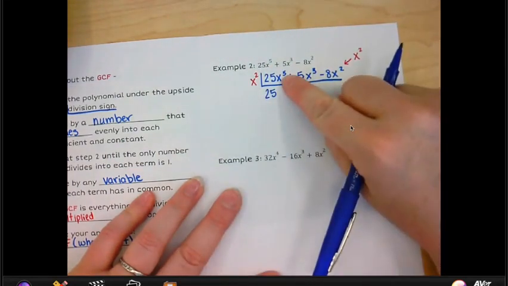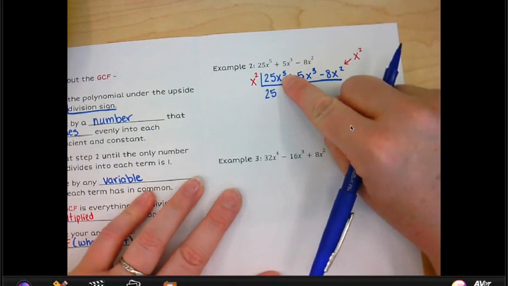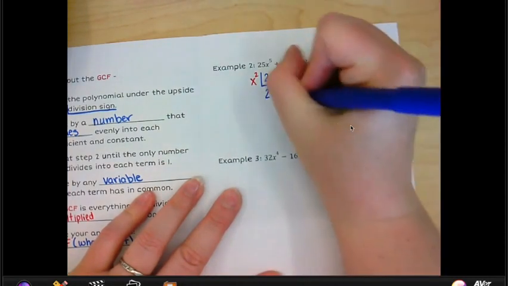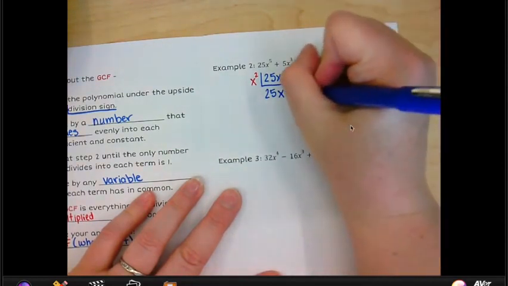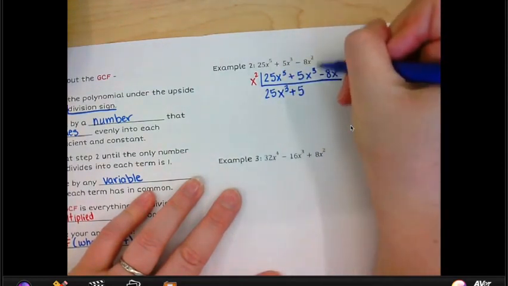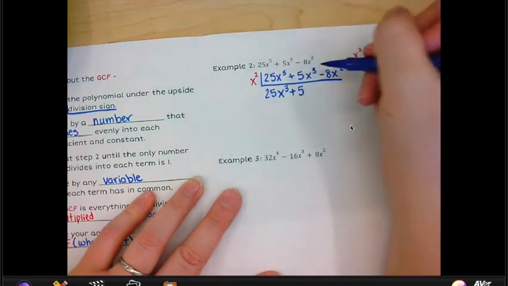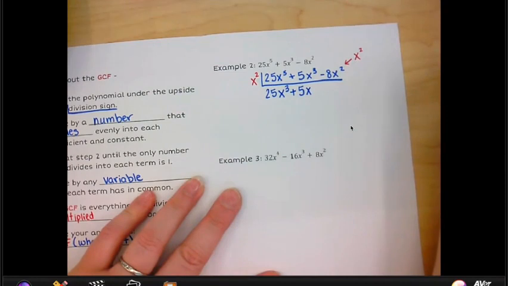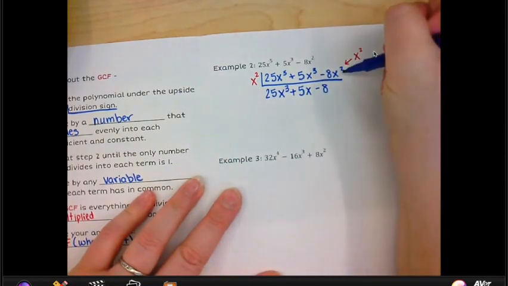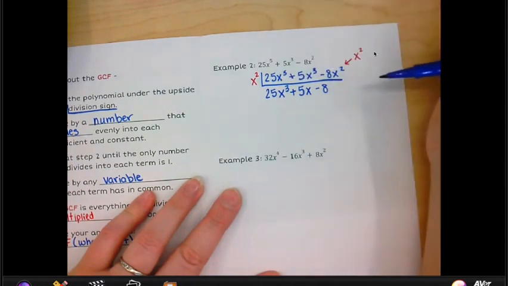If I had 5 x's being multiplied together, but I'm dividing 2 of them out, I will be left with 3. So x to the 3rd. Then 5x cubed divided by x squared, taking 2 of these 3 x's out, leaves me with just 1 x. Minus 8, and x squared divided by x squared is just 1.